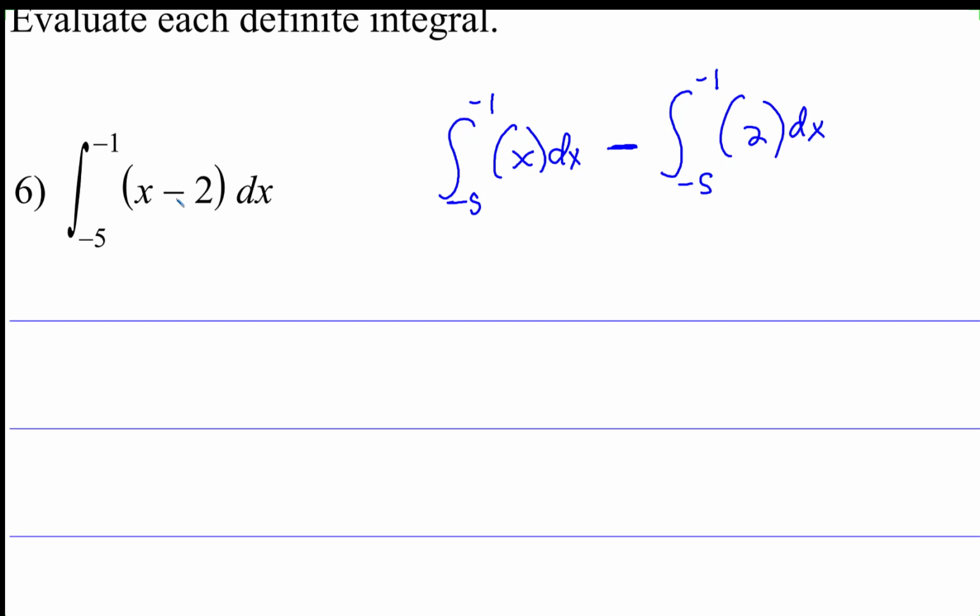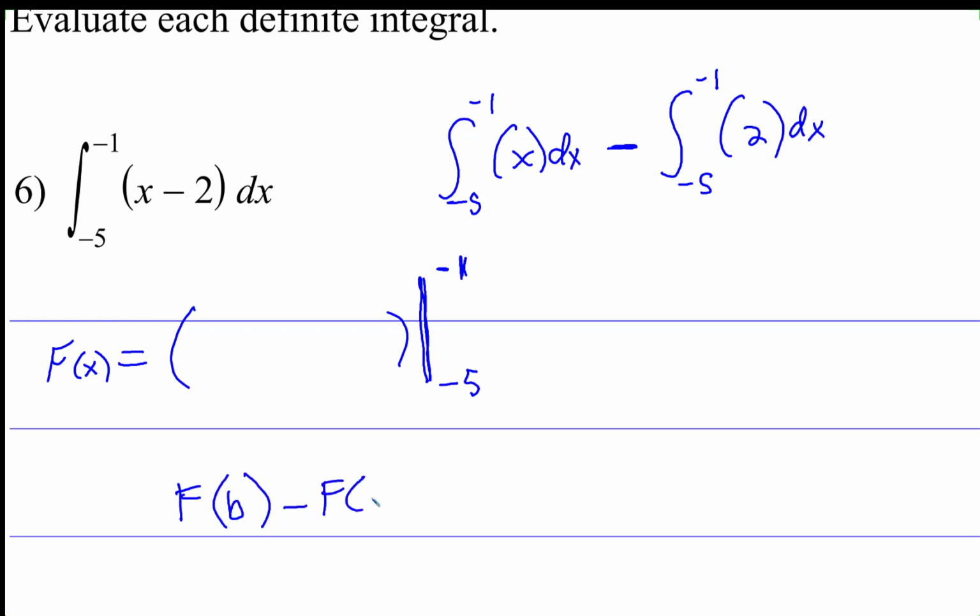But here's the rule. Once you integrate, you're going to put this vertical line to remind yourself, oh yeah, we have to apply the lower and upper bound. And when you do that, you have to do f of b subtract f of a.